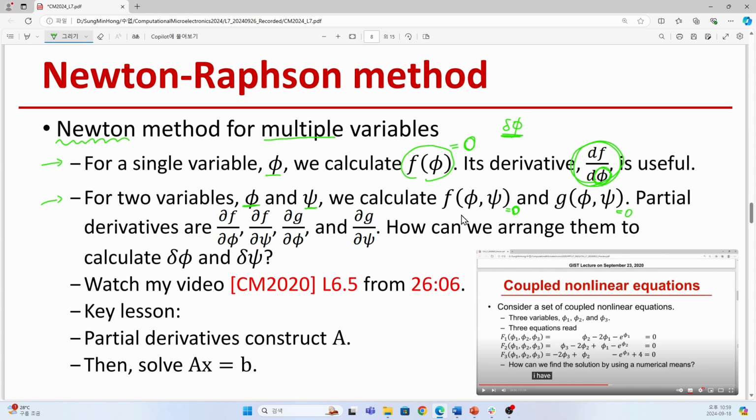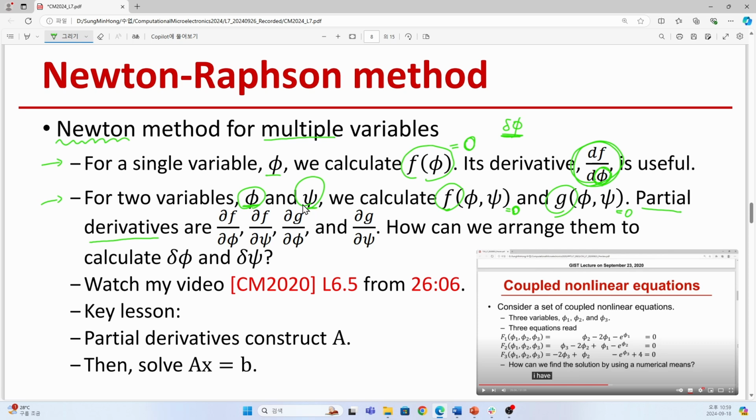How can we find it? By applying the generalized version of the Newton method, we can easily understand maybe we have to calculate the partial derivatives of our functions with respect to unknown variables. But now we have two different functions and we have two different unknown variables.